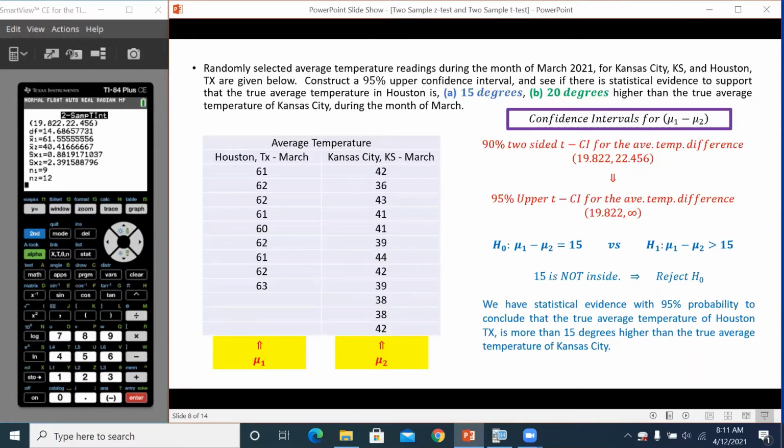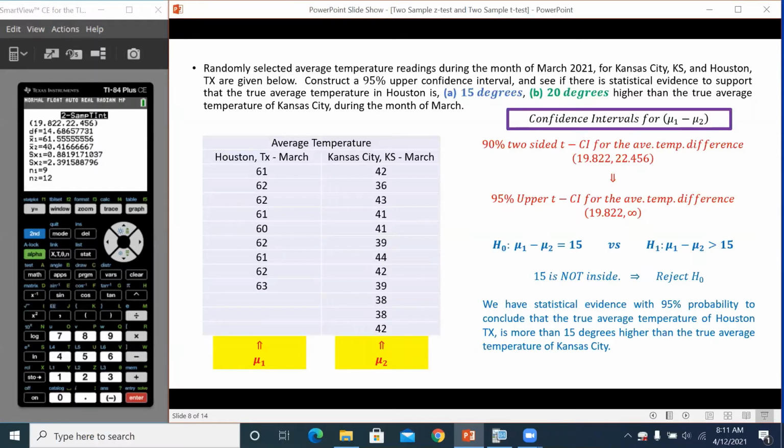Therefore, we reject the null hypothesis H0. This means the data support the alternative hypothesis, i.e., the interpretation is we have statistical evidence with 95% probability to conclude that the true average temperature of Houston, Texas is more than 15 degrees higher than the true average temperature of Kansas City.